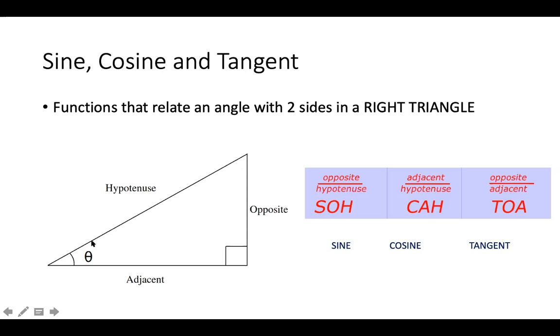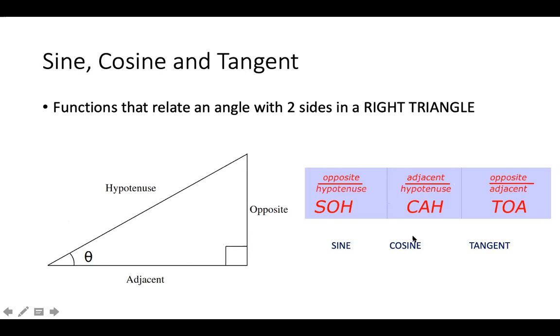In my calculator, I would say sine of theta is equal to 5 over the hypotenuse. And then I would just solve for the hypotenuse, which I can essentially just label as x. And that would give me the value of what the hypotenuse is. And then using those two values, I know I can find the adjacent value by using the Pythagorean theorem. And this will all make sense once I go over an example for it.